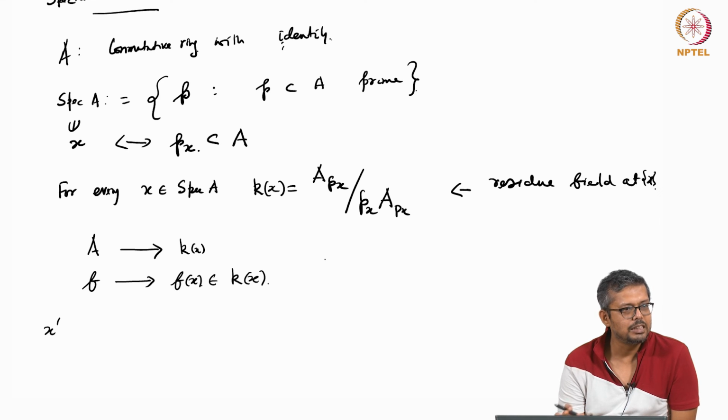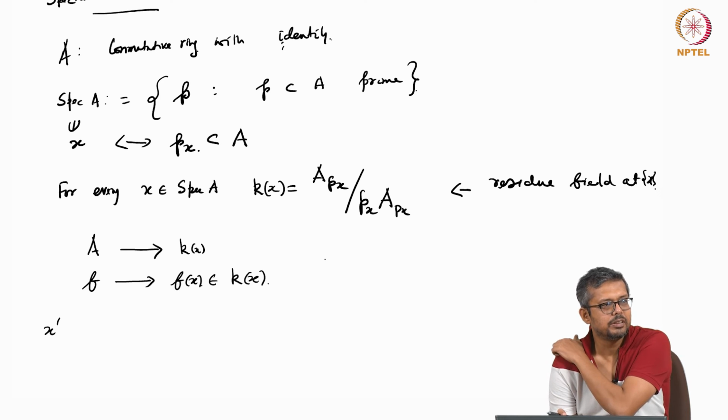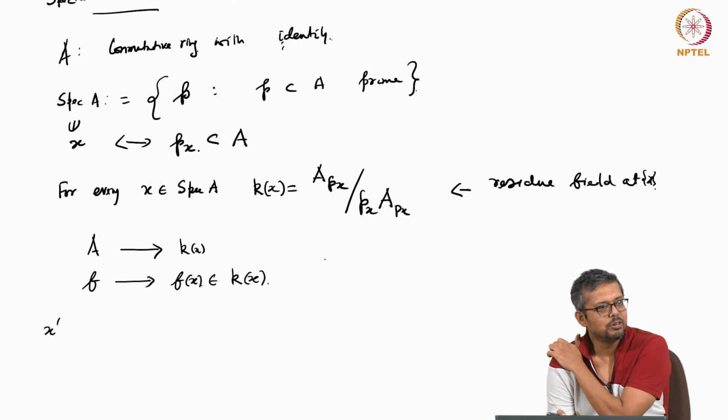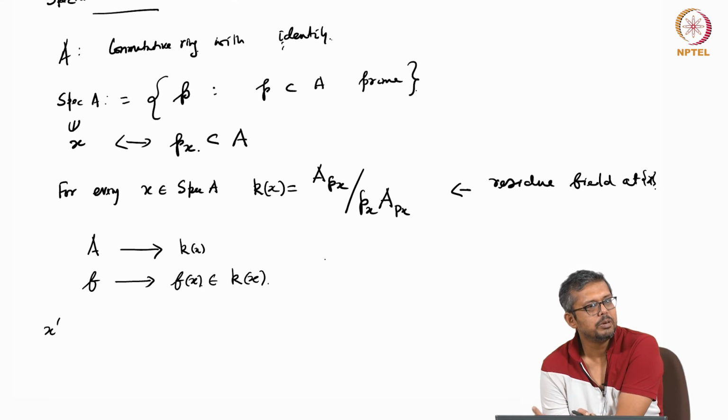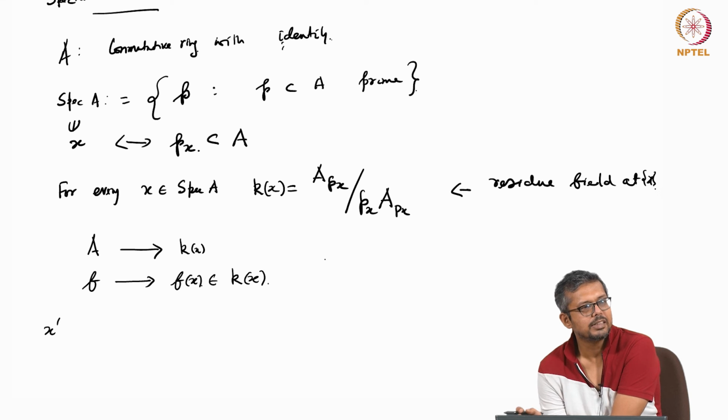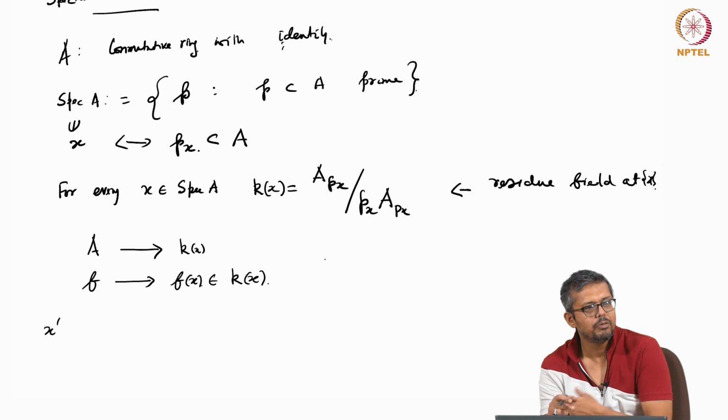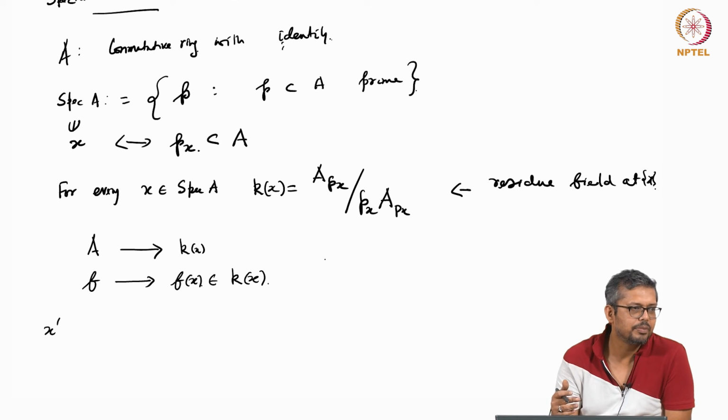When k was an algebraically closed field, these would have been the same. But if k is not algebraically closed, these residue fields will be different. If A is a finitely generated k-algebra, then this residue field will be some finite extension of k.